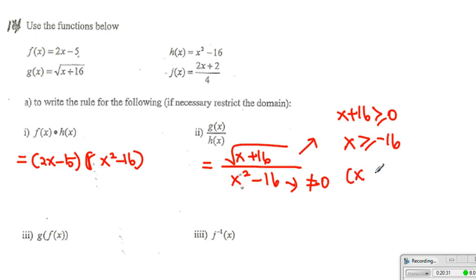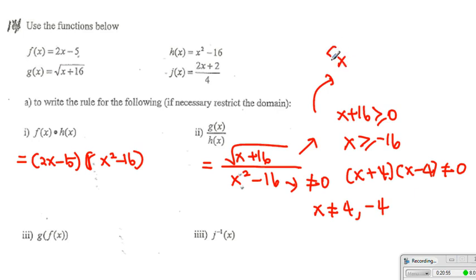By factoring, we get x plus 4 and x minus 4, and these cannot be equal to 0. This means x cannot be equal to 4 nor negative 4. So here the domain is x such that x is greater than or equal to negative 16, but x cannot be equal to 4 or negative 4.